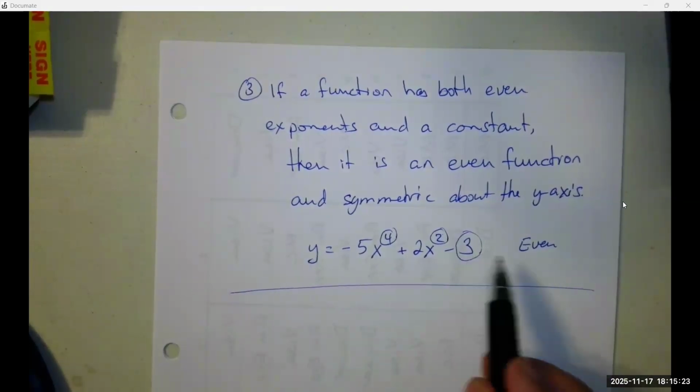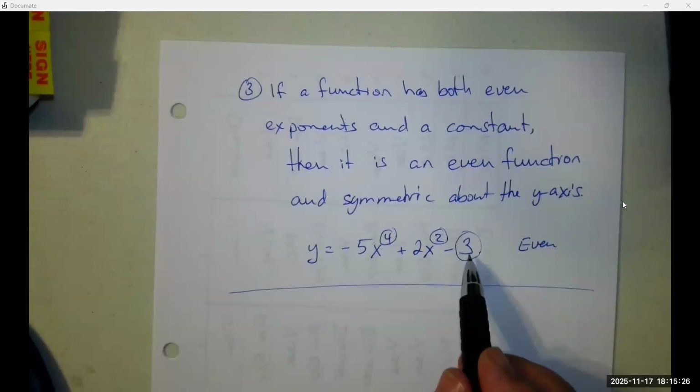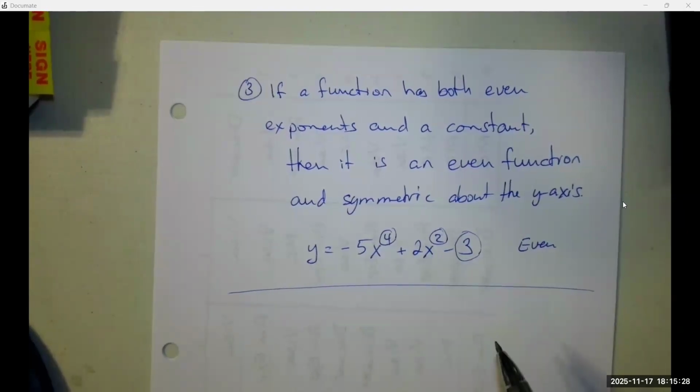So the constant numbers can only belong to even functions.